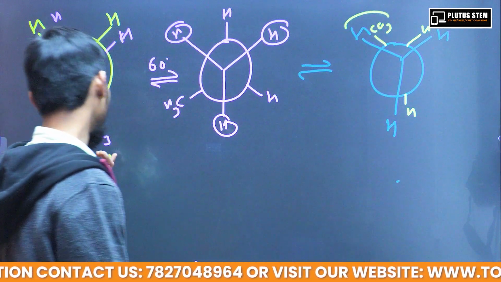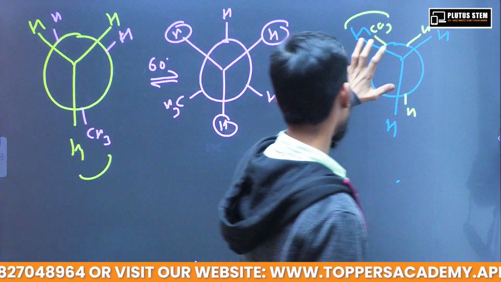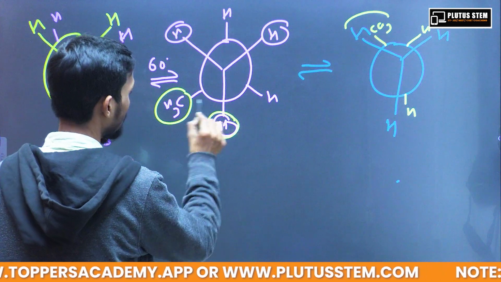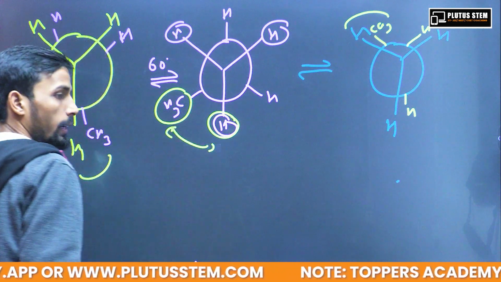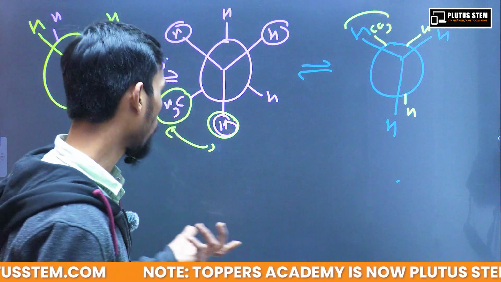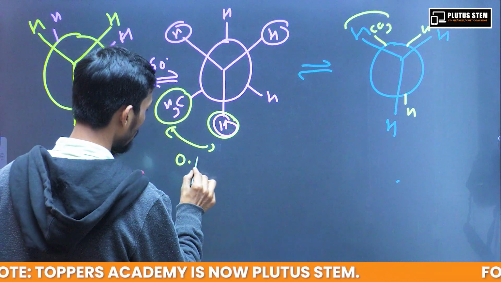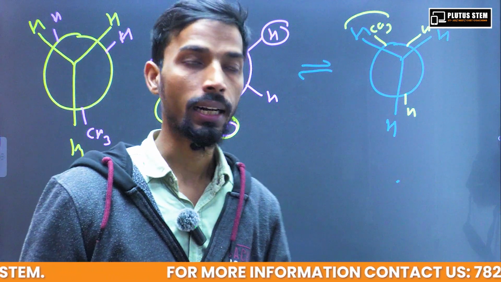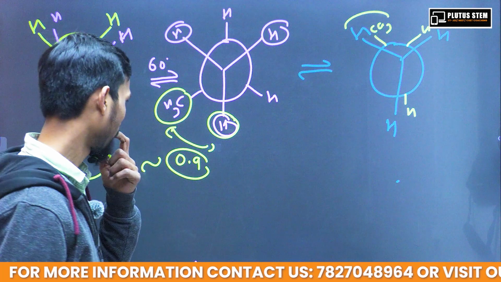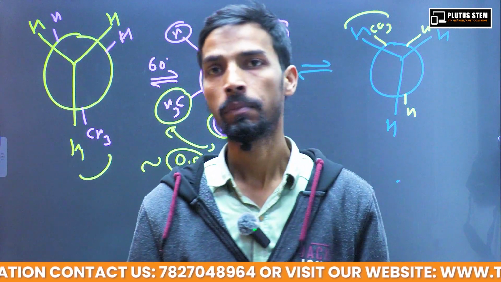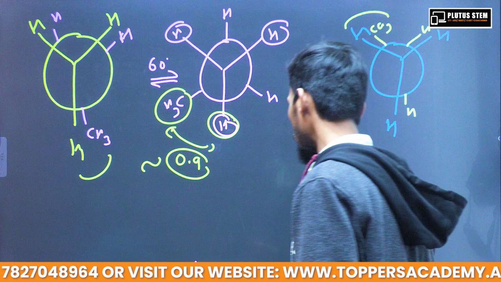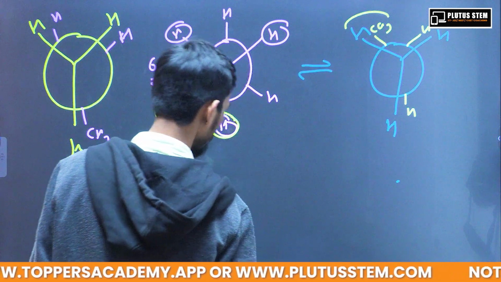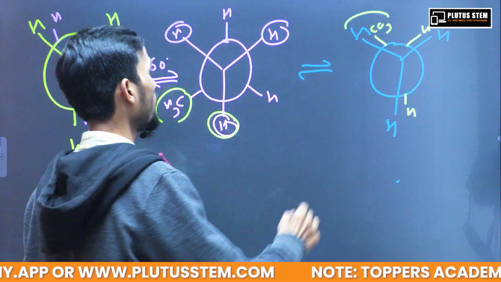Just the repulsion of CH3 and H over here also and here also. But at this side, the repulsion of CH3 and H. Clear or not? So there is some repulsion, quite possible, and this value is nearly 0.9, approximately equal to 0.9. This repulsion of CH3 and CH3 is, let's say, 1.